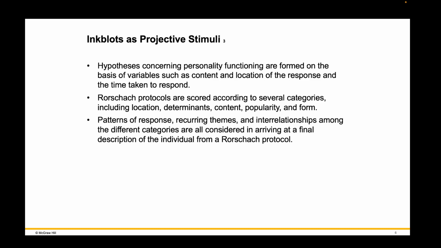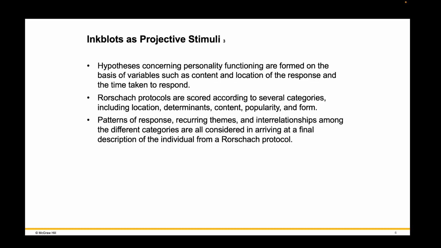Ayan. So, aside from what I said earlier, kasama nun, hypotheses about personality functioning are formed on the basis of variables such as content and location of the response and the time taken to respond.